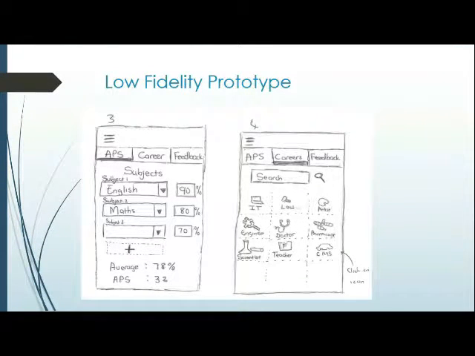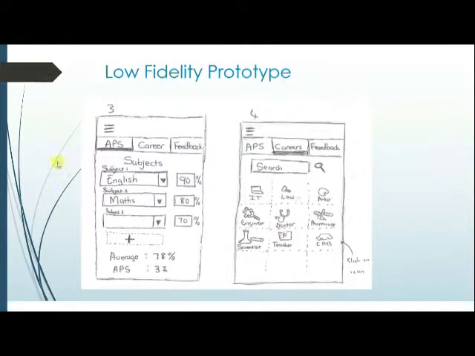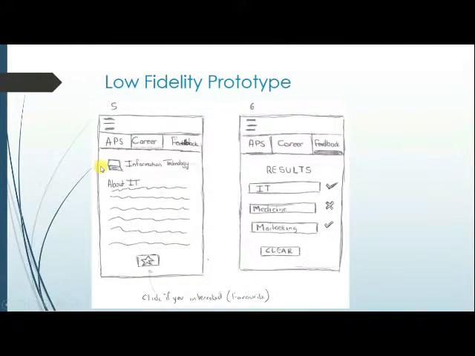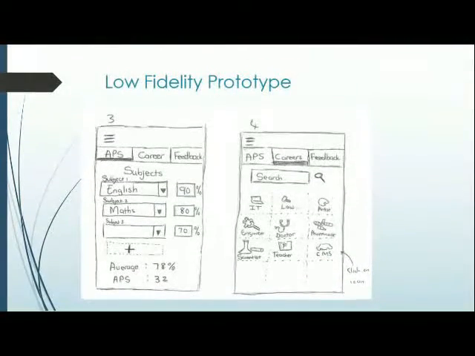After that, this is going to be the next screen after logging in, where you're going to choose your subjects and enter your marks. You can even add a subject. After that, the system is going to give you the average and the APS.